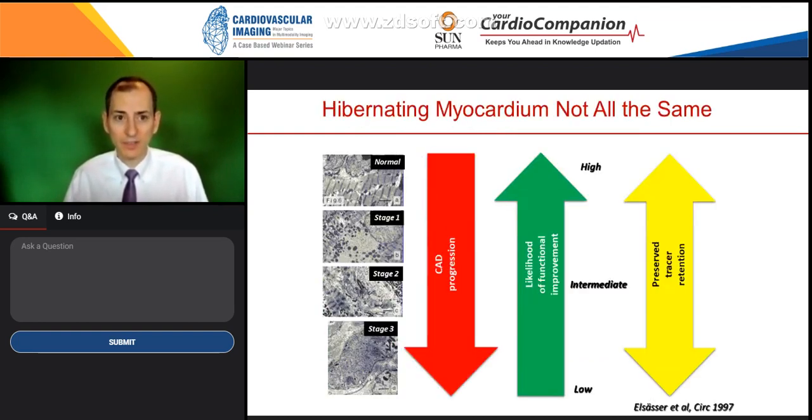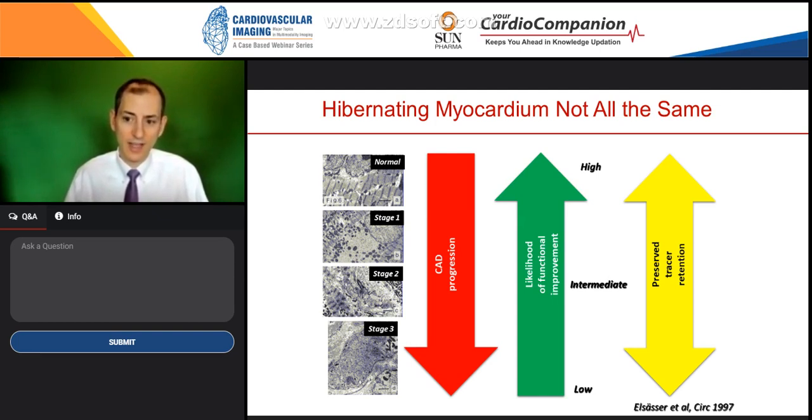Another important point to know is how coronary disease progresses. As coronary disease progresses, and we look at the myocardium, there's progressive degeneration of myocardial fibers and more accumulation of glycogen. And even though CAD progresses, the likelihood of improvement in function is much higher if you revascularize people that have earlier stages of degeneration and far less in advanced stages.